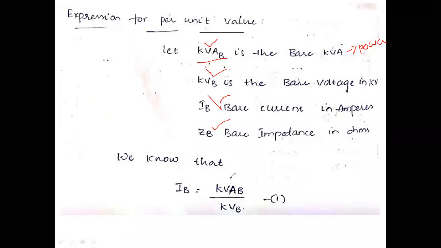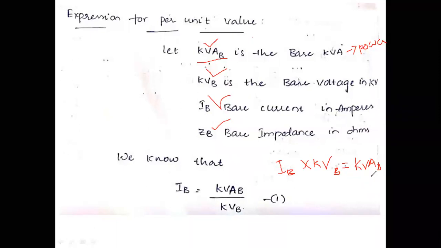We already know that voltage is measured in terms of kV. How can we determine I base? If I multiply I base with KV base, what do you get? Voltage multiplied by current gives the power. Our P is equal to V into I. In this particular case, the power is the base power.